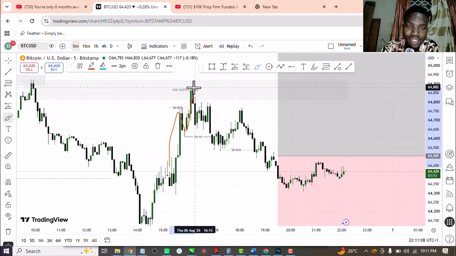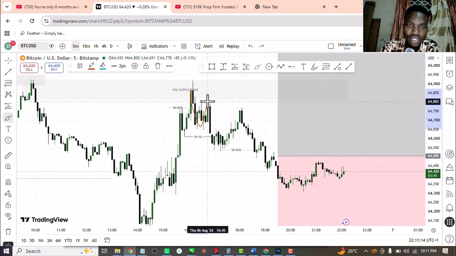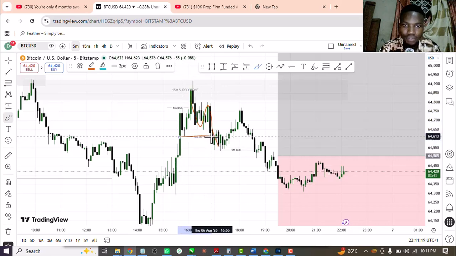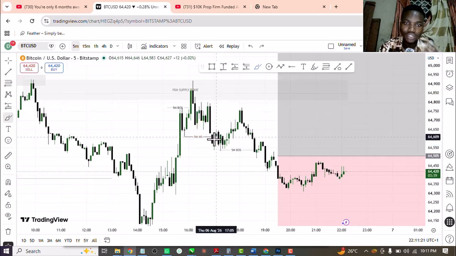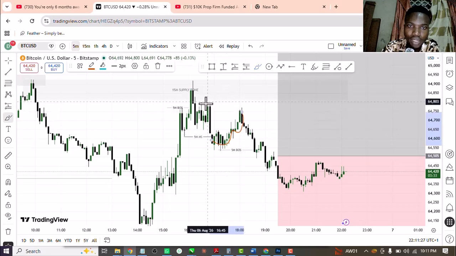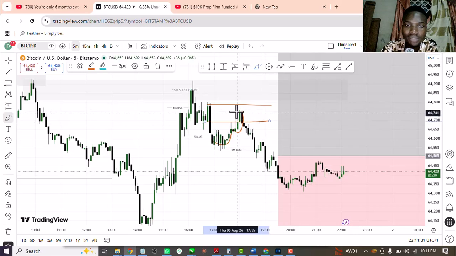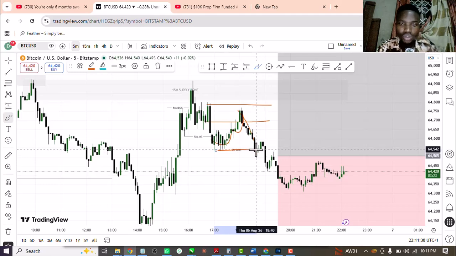At this point in time, price could not continue to push to the upside. So price simply came all the way down here, breaking this low, giving us a 5-minute market shift. When we have this market shift, you can see that price came all the way up here. We're expecting this 5-minute supply zone, and immediately price keeps pushing to the downside, giving us an internal 5-minute break of structure.